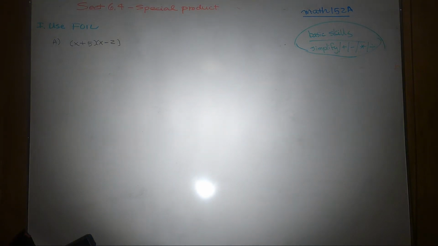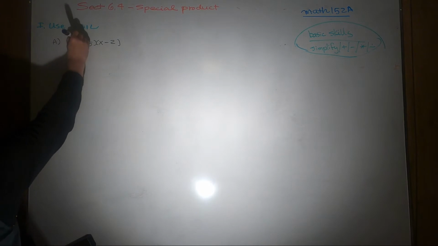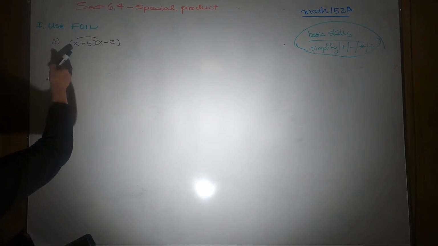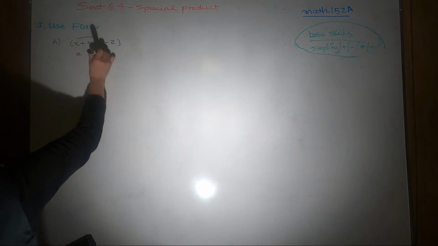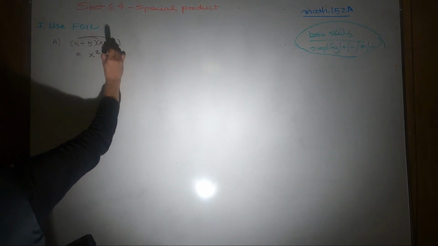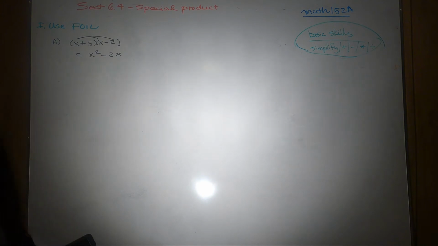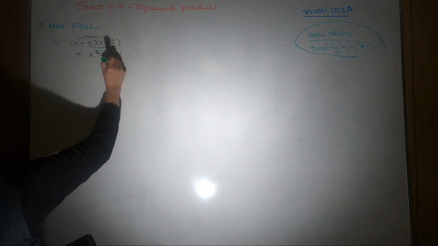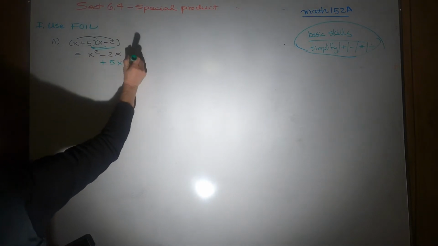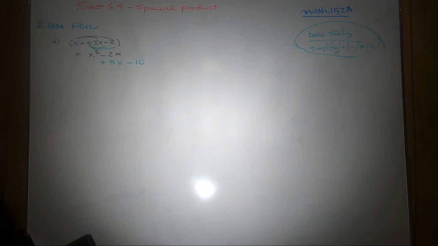Okay? So what do we do? We will do our rainbow, right? x times x is what? x squared. x times -2 is minus 2x, right? Then the bottom one will be plus 5x, and the last one, 5 times -2 is minus 10, right?